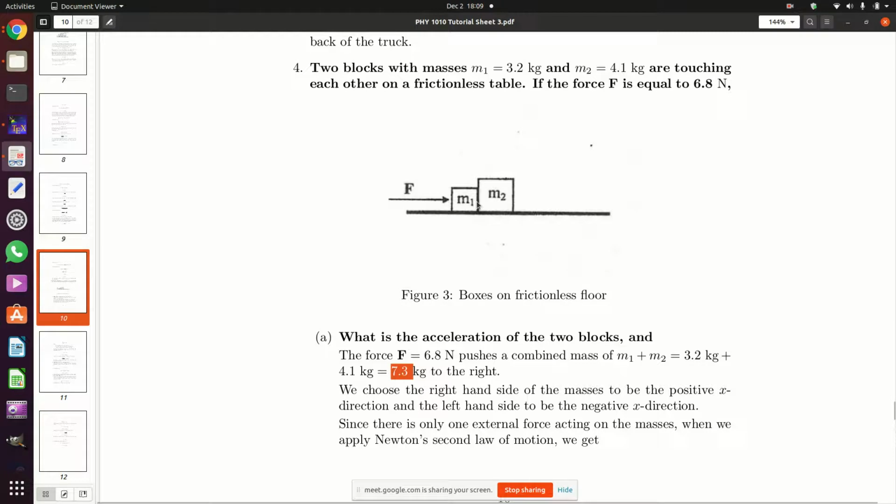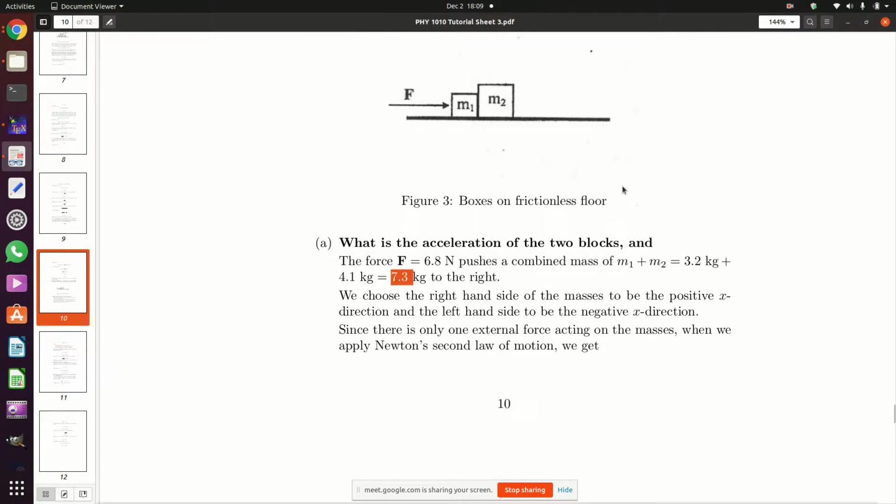Since these two masses M1 and M2, when they are pushed by this force F, move to the right, we therefore take this direction, the right, the direction of motion of the masses, to be our positive x direction, and the opposite direction, to the left, to be our negative x direction, and we're going to stick to that throughout as we try to solve this problem.